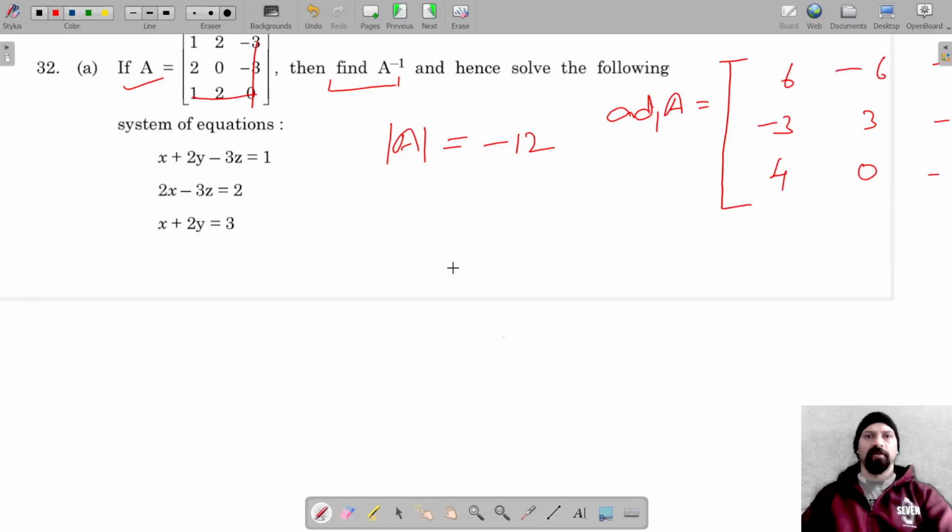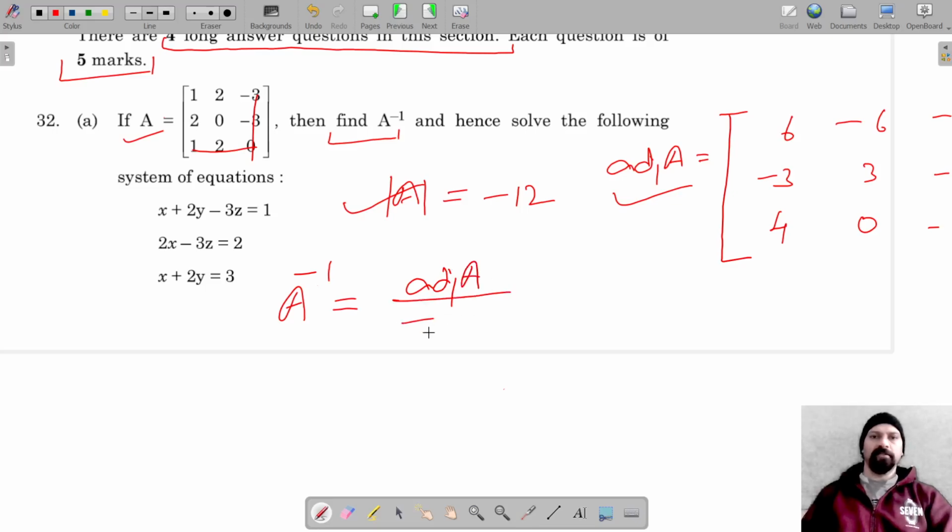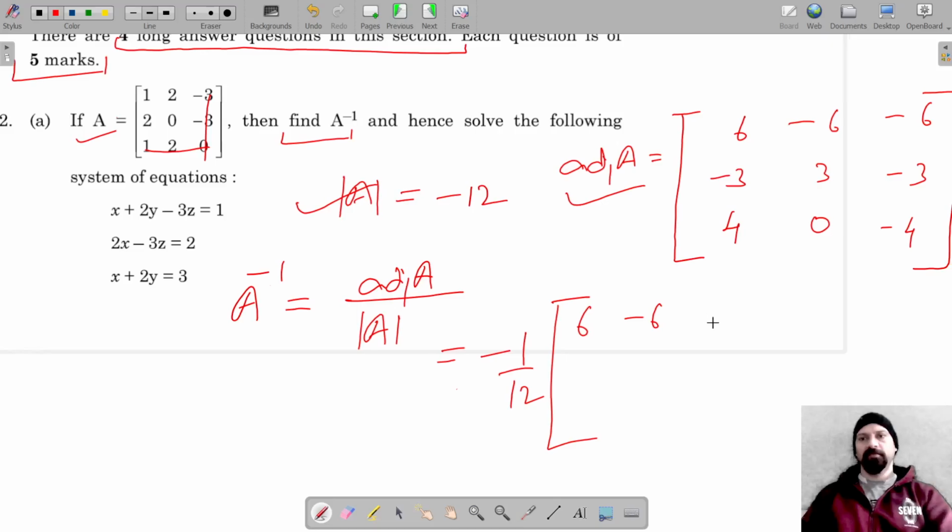We have got determinant of A, we have got adjoint of A, and we have to find A inverse, which is adjoint of A divided by the determinant, which is -12. So this is -1 by 12 times 6, -6, -6, -3, 3, -3, 4, 0, -4.